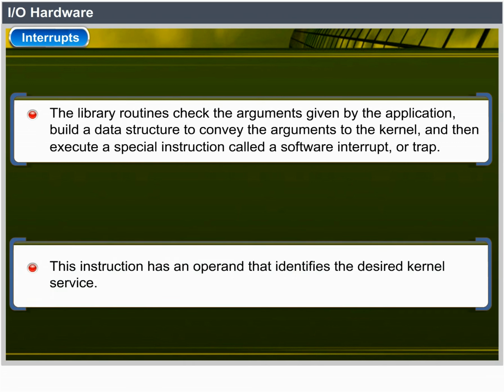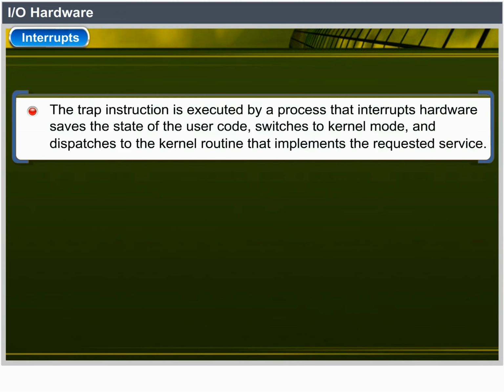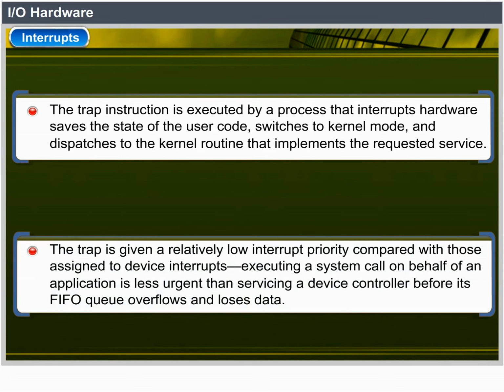When a process executes the trap instruction, the interrupt hardware saves the state of the user code, switches to kernel mode, and dispatches to the kernel routine that implements the requested service. The trap is given a relatively low interrupt priority compared with those assigned to device interrupts. Executing a system call on behalf of an application is less urgent than servicing a device controller before its FIFO queue overflows and loses data.